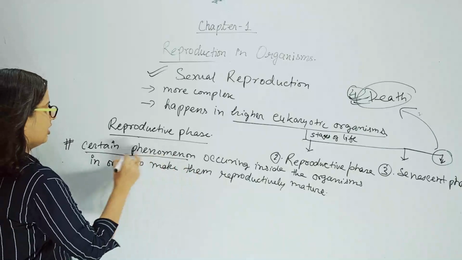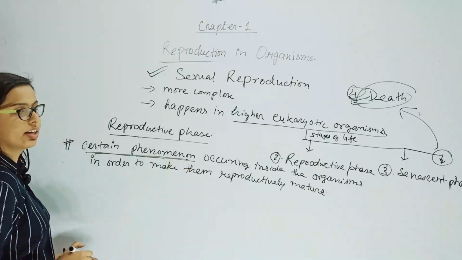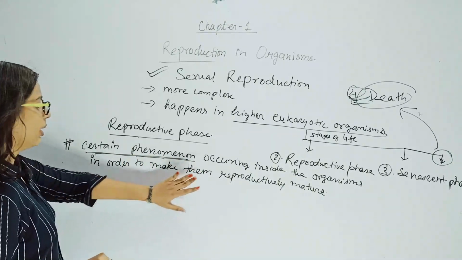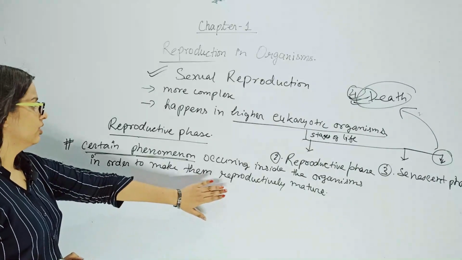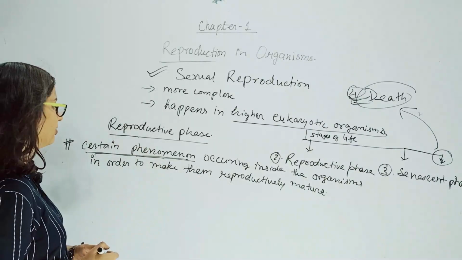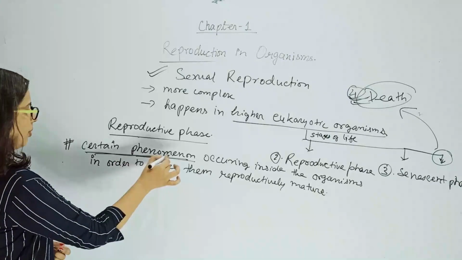Certain phenomena are going on inside the organism to make them reproductively mature. So what are those phenomena? What can be those phenomena?